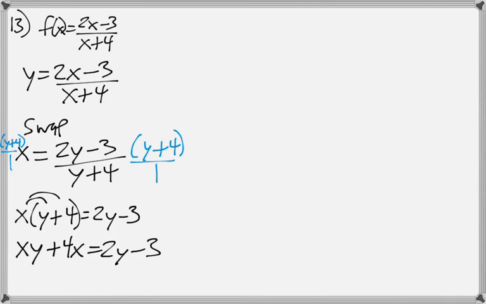And kind of like in number 11, because I'm solving for y, I want all of my y terms on one side and all of my terms that don't have a y on the other side.